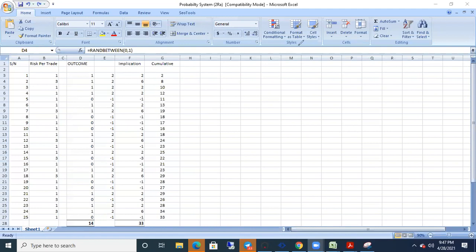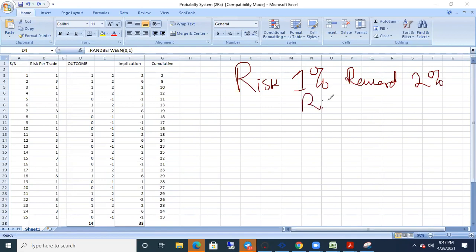And by 1:2, I mean that for every trade you take, let's say you risk 1%, then your reward will be 2%. So your risk to reward is 1:2.